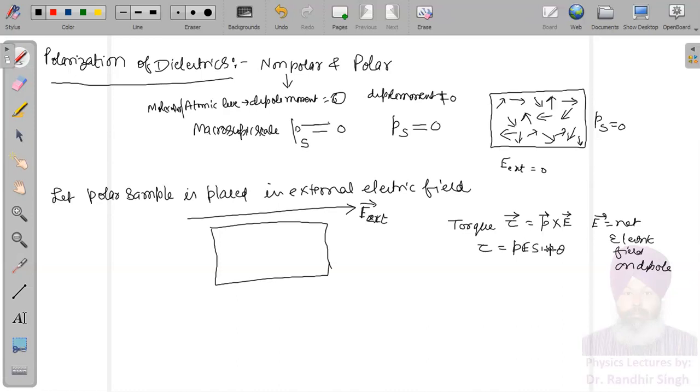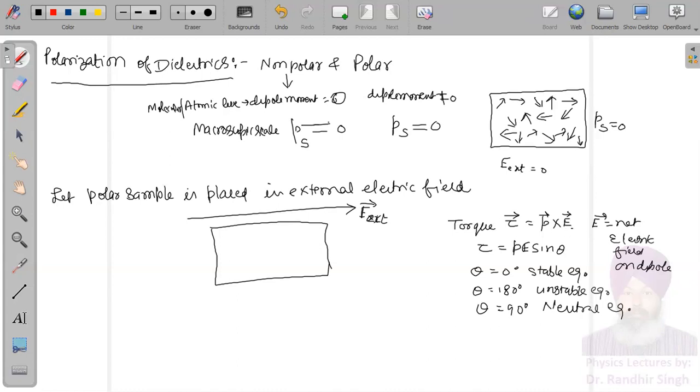You know this. For theta equal to 0 degree, we call that dipoles are in stable equilibrium. For theta equal to 180 degree, we call it unstable equilibrium. And for theta equal to 90 degree, we call it neutral equilibrium. These are the things I guess you have already studied in school physics.